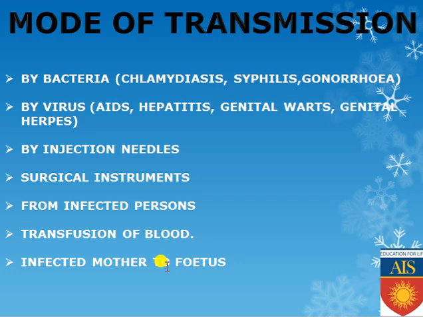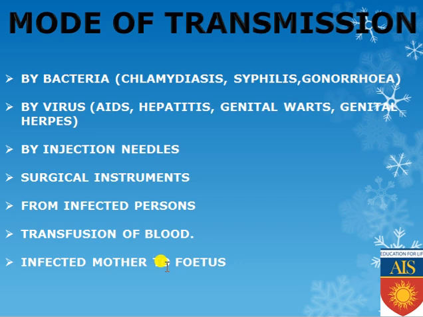The specific type of bacteria or virus which is causing the disease can even get transmitted by the injection needle also, because if the injection needle has been used for any other patient, and if that needle is used for a new patient, automatically if that needle has been used for any sexually transmitted disease affected individual, obviously from that specific needle the disease will be getting transmitted to the healthy individual.